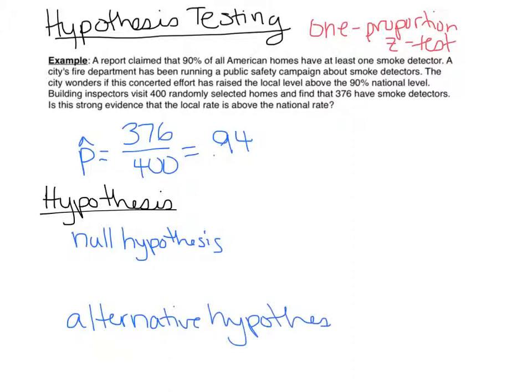In this situation, the null hypothesis would be, and in pretty much every situation, you may have heard the word null before, but it generally means nothing. So our null hypothesis is going to suggest that nothing has changed. So it's going to suggest that the city smoke detector rate is the same as everywhere else.